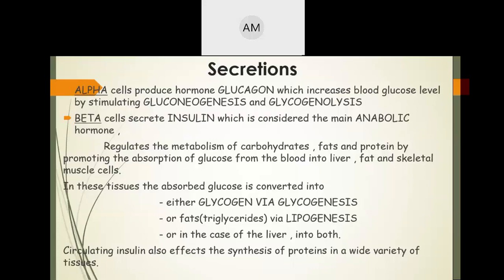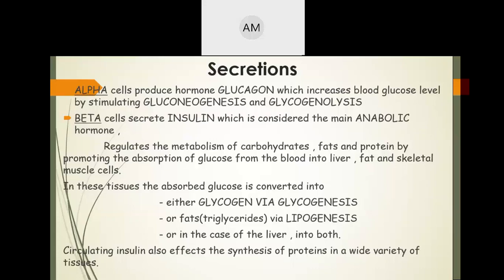To understand this, we have to understand the basic phenomenon of what happens inside a cell. When a cell needs energy, for example when we have a meal, the glucose travels from the bloodstream to the cell. In order to enter the cell, it needs insulin. We can say that insulin acts as a key to the lock.